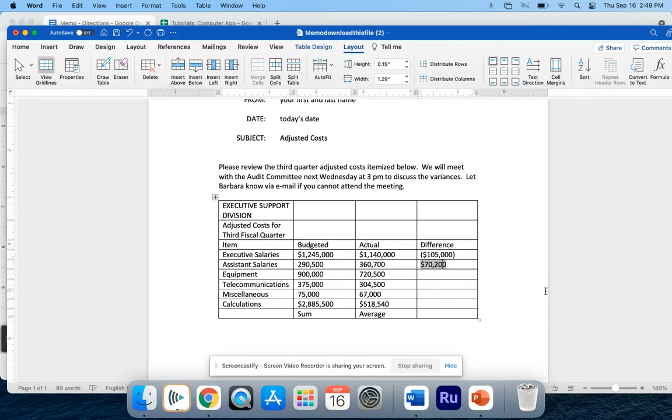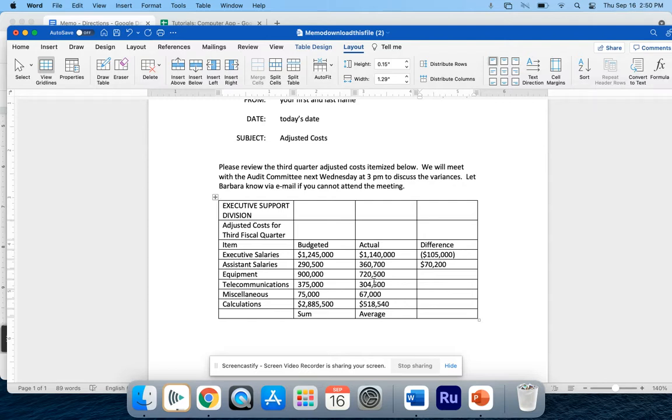Now I'm going to tell you, moving on, the rest of these are going to be negative, okay? The rest will be negative. All right, so the next one that we have to do is 720,500 minus 900. You know right now it's going to be negative, right? All right, so what cells are we in? A, B, C. We are now in C6 minus B6.